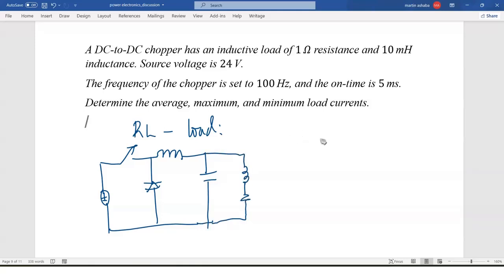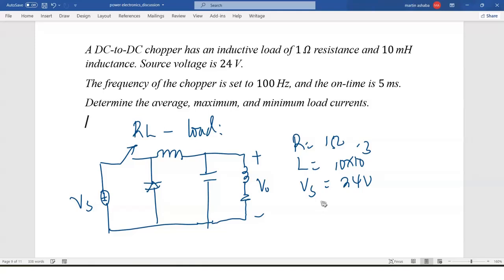So we know R as 1 ohm, we know L as 10 times 10 power negative 3 henries, and Vs, which is here, is equal to 24 volts. V naught is across here, we don't know it, but we know the on time. T on is 5 milliseconds, and the frequency of the switch is 100 hertz.